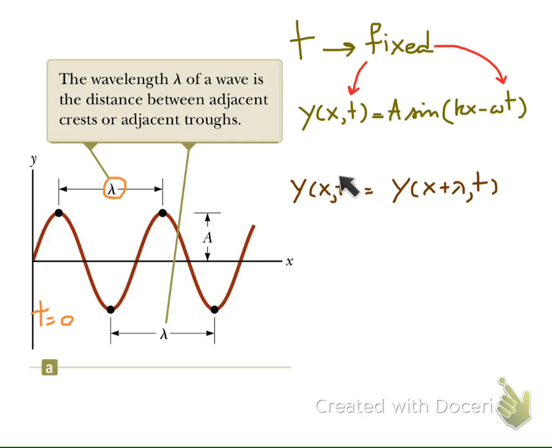Remember that this value of t is fixed. On the right side of the equation, we have A sine (k(x plus lambda) minus omega t).